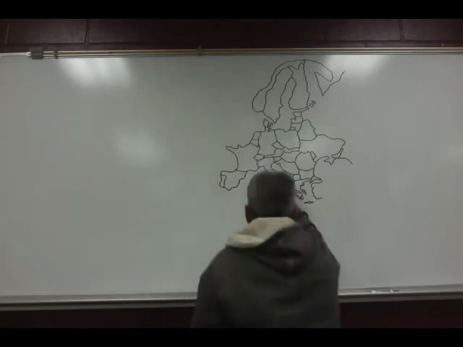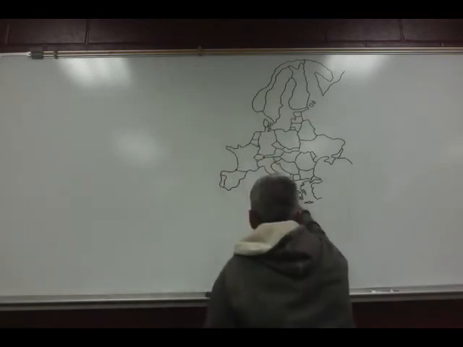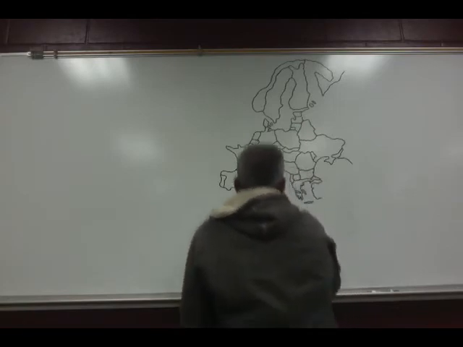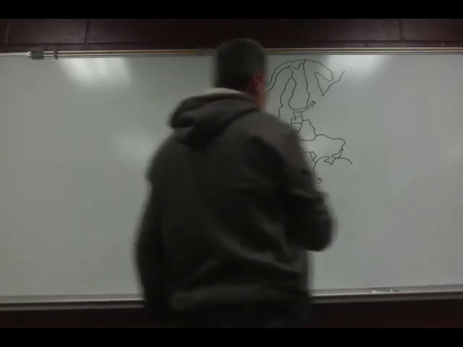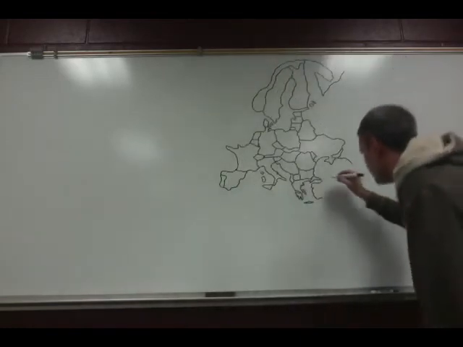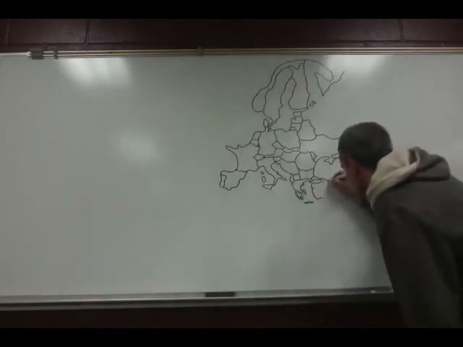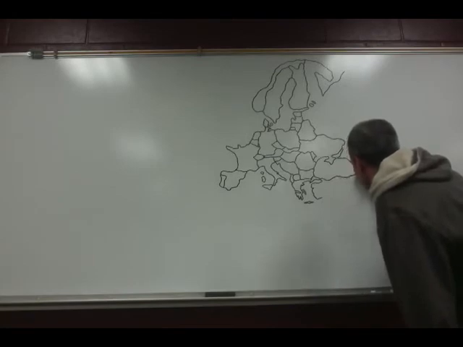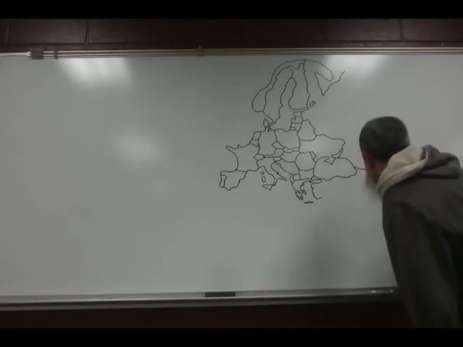Put in Sardinia and Corsica, where Napoleon was born. Now I will do the Caucasus, and the Caucasus are actually harder than you think. First, I got to complete Turkey's Black Sea coast.